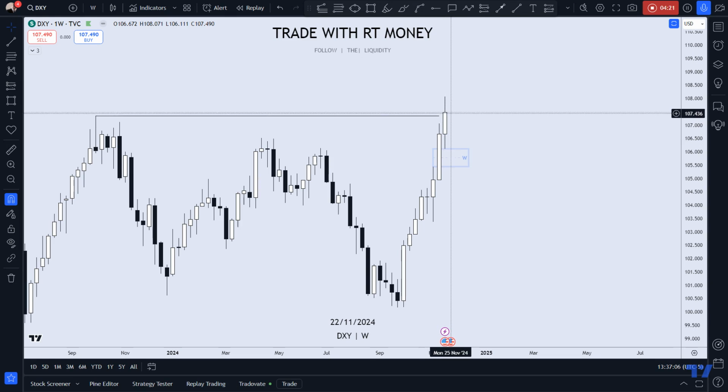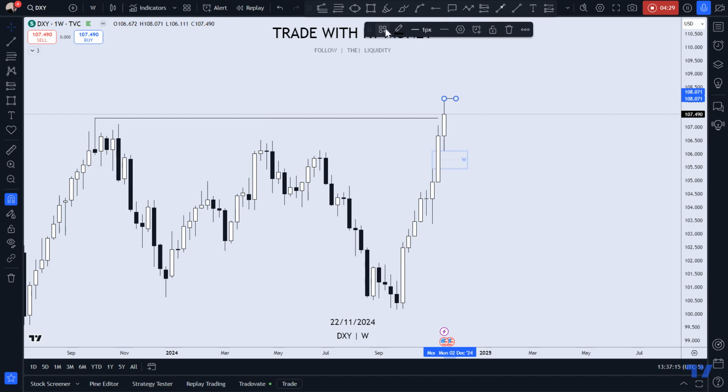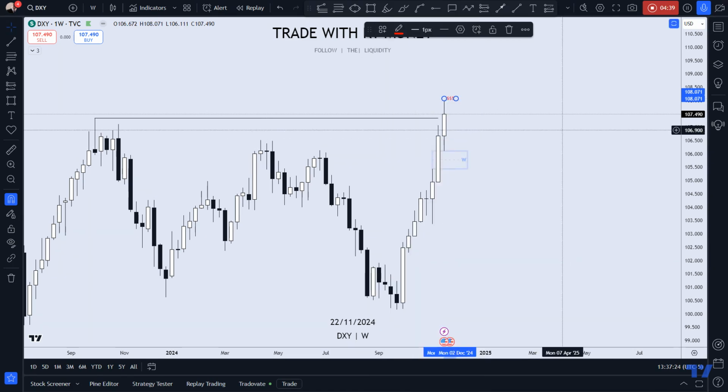So I'm looking for price to at least take out the next candle, to at least exceed that high. It may wick past it, but I do believe that it will exceed that high if I can just find a reason. All right, thank you.